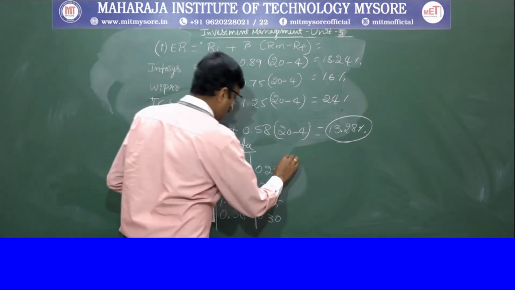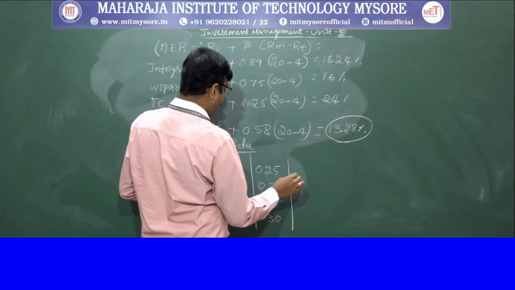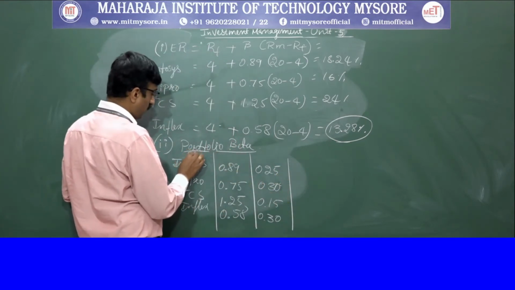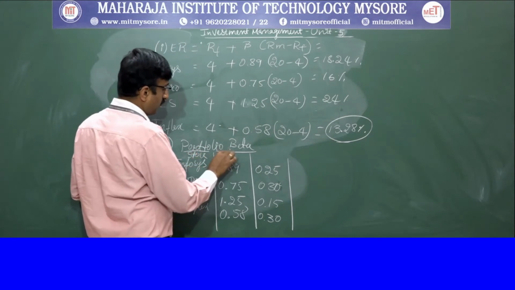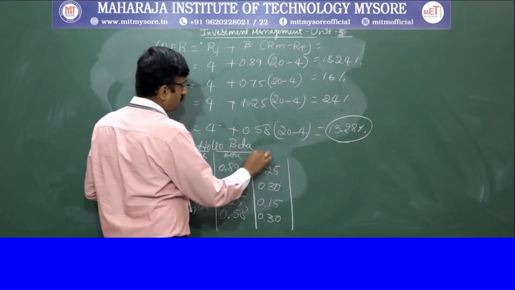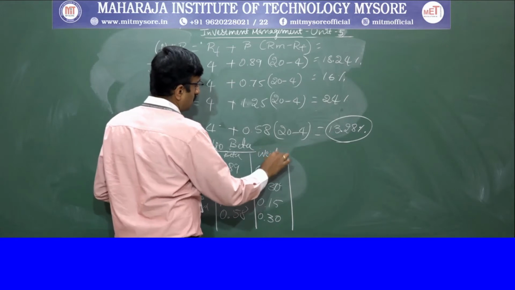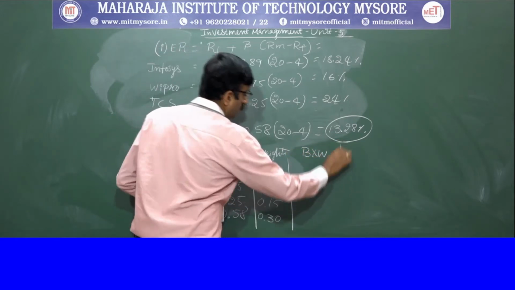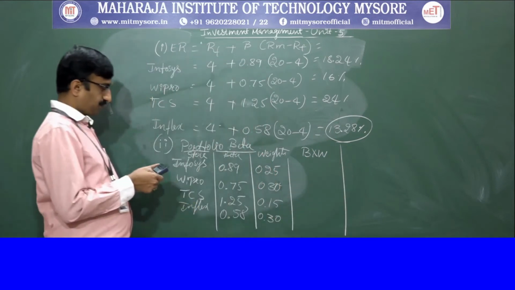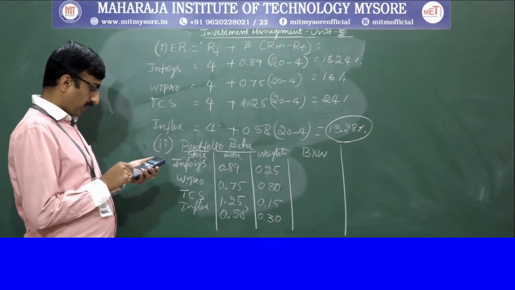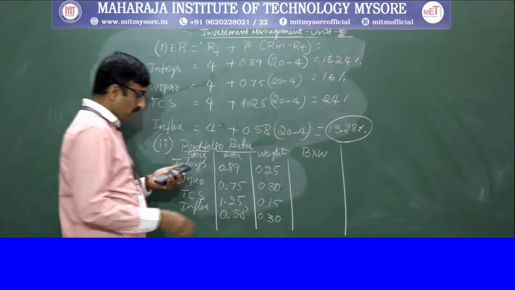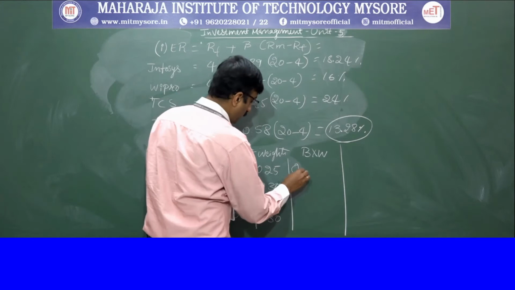So find out P into W. This is the company or stock, this is beta, this is weights. So do beta into weights. 0.89 into 0.25, you will get 0.2225.